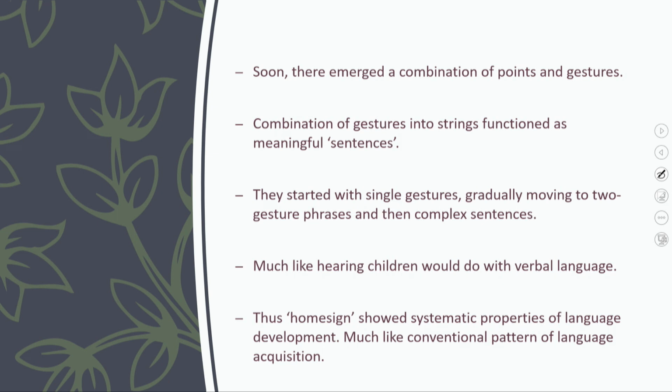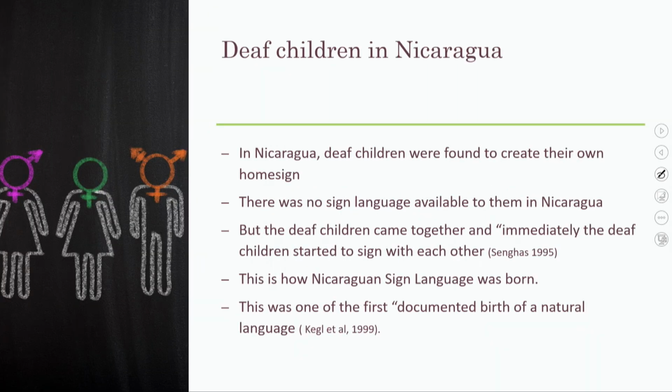Exactly the same, in the same trajectory, these children were found to invent gestures, combine them with pointing and so on, and thereby they created their own complex language entirely on the basis of the home sign. Thus, home sign showed systematic properties of language development, much like the conventional pattern of language acquisition.